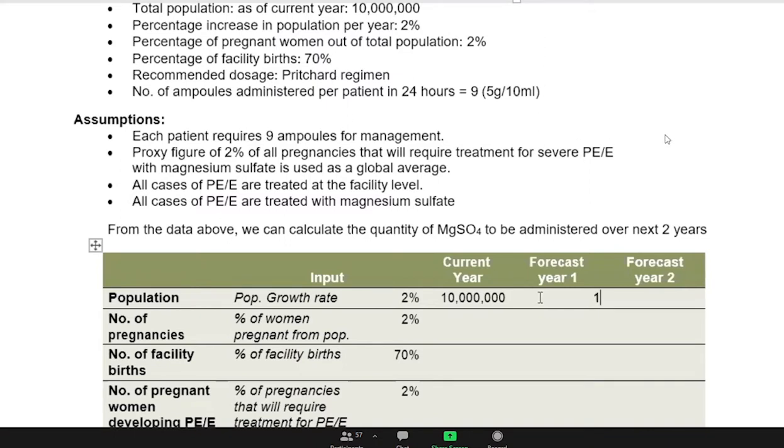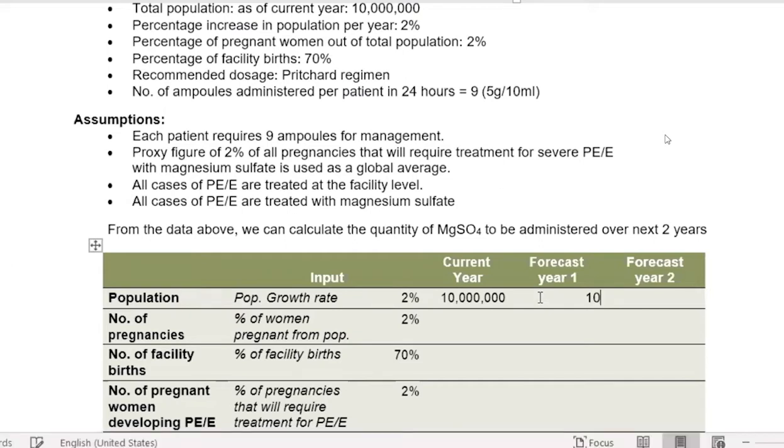Yes, sir. You have to put the commas there so that you don't get confused. Okay. In the second year, what would be the value?